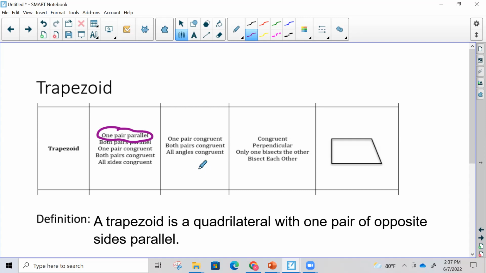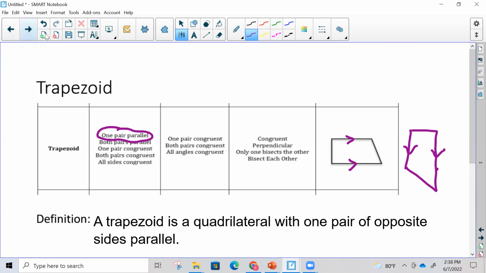We don't know anything about opposite angles when we're talking about a trapezoid. So none of these are true. And we don't know anything about the diagonals either. So a trapezoid is pretty basic. We just know that there's one pair of parallel sides. Again, you could draw it this way as well, and then these would be my parallel sides. Okay, but that is a trapezoid.